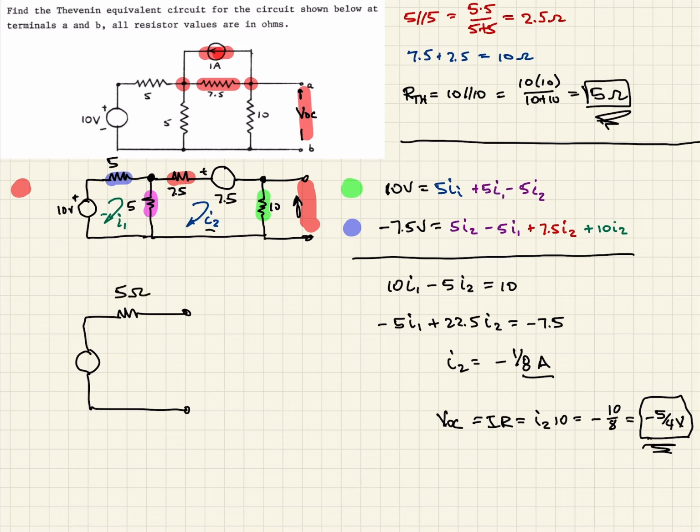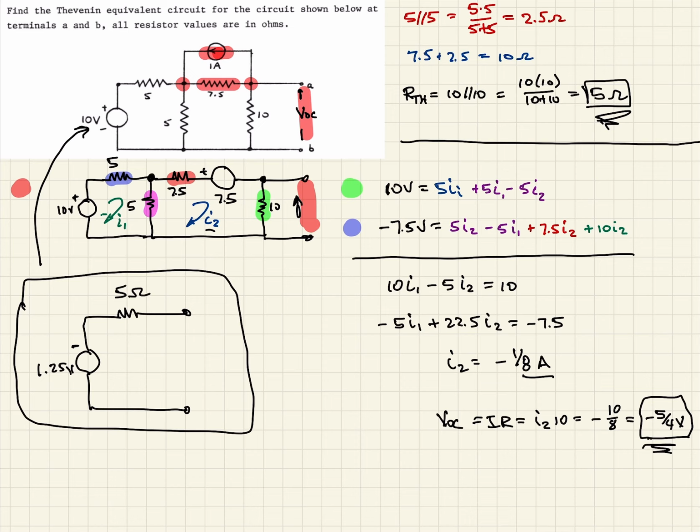And this voltage source, since it's negative, we'll have a negative sign up top, and it'll be 1.25, or 5/4, same thing, volts. So this is the Thevenin equivalent circuit for our original circuit up here. So as far as the A and B terminals are concerned, these two circuits are equal, as far as what we would see if we probed it with a meter, not knowing anything else.